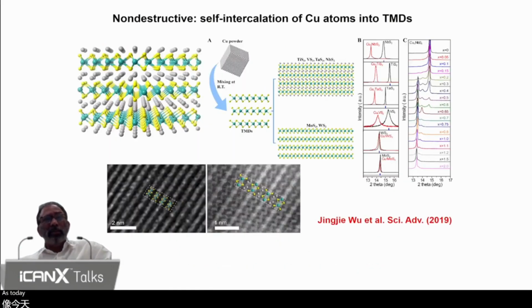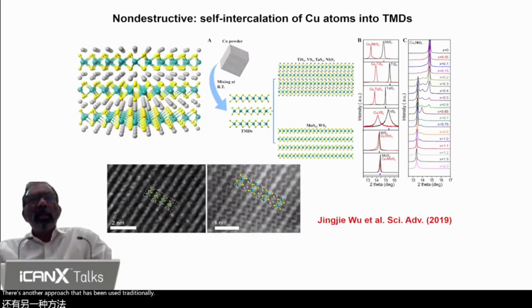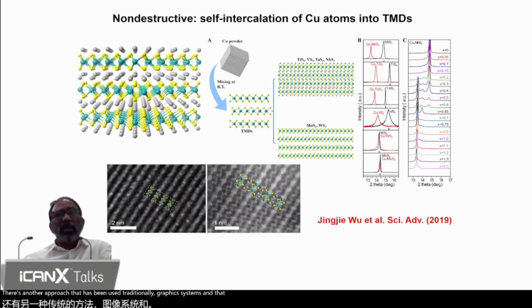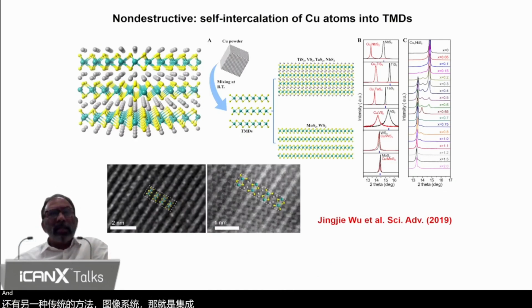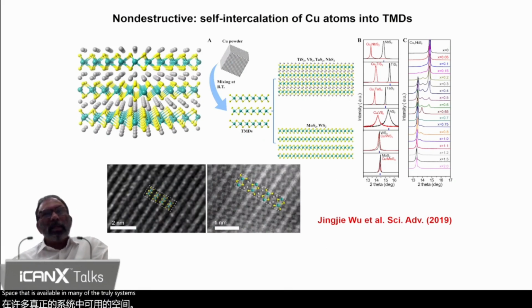There is another approach that has been used traditionally in graphitic systems, and that would be intercalation. Intercalating elements into the galleries, or into the interlayer space that is available in many of the 2D systems, can change the properties quite significantly. And there's a huge amount of work in graphite intercalation.